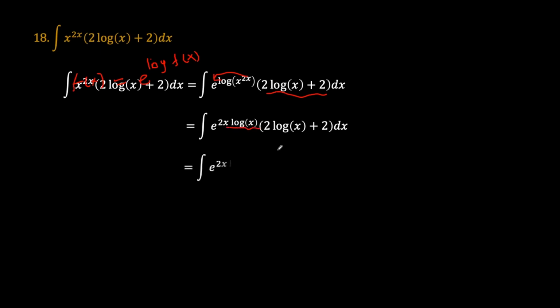And that means that our integrand is e to the power 2x log x times the derivative of 2x log x, which is also the same as the derivative of e to the power 2x log x.